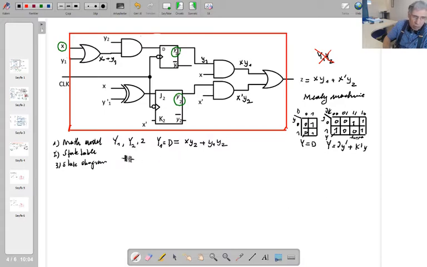So let's come to Y2. The Y2 definition relation is here: J y prime plus K prime y. So this small y must have the same index as the next state function. So that is going to be 2 definitely, because this is related to the second memory element, isn't that so?